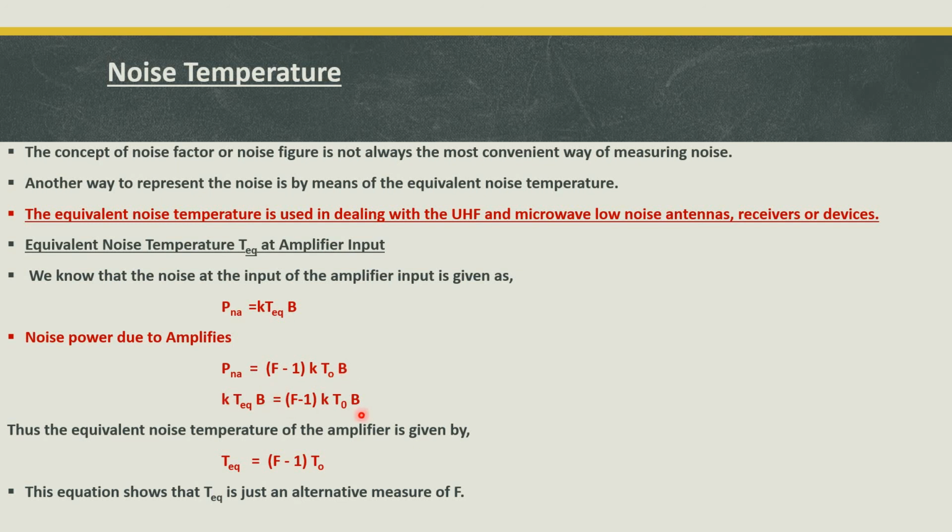So both are equated, then the common terms are removed. The final equation is T equivalent equal to (F minus 1) T. This equation shows that T equivalent is just an alternative measure of F or noise factor. By using noise factor, we are able to calculate the equivalent noise temperature.